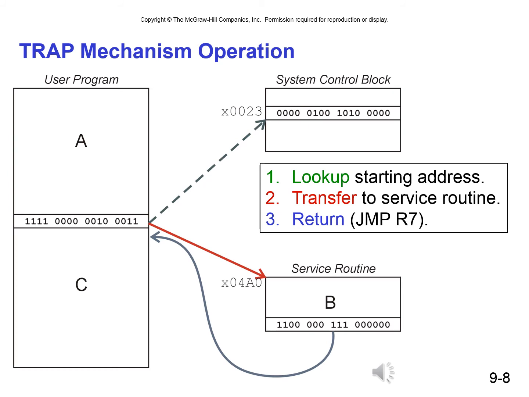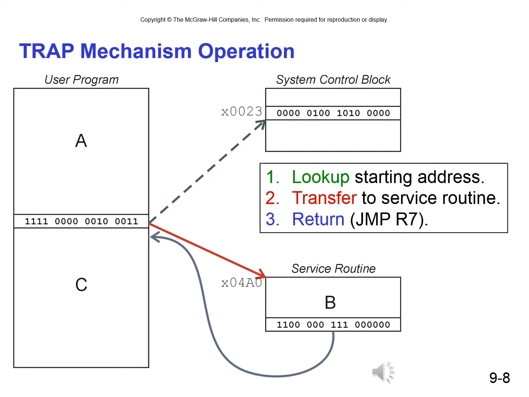And the service routine, which is labeled B in this particular case, ends with a return, which is also a jump R7. Return and jump R7 are opcode 1100, and you could see 111 for 7, but a return is simply a hard-coded jump R7. They do exactly the same thing.